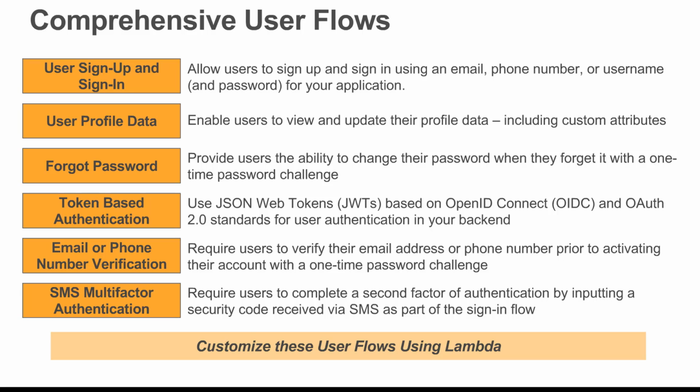There are important flows like forgot password or reset password built in, so users can go through those flows. It's based on token for authentication, and these follow standard JWT tokens from OpenID Connect or OAuth 2 tokens. So those standards-based tokens are provided.